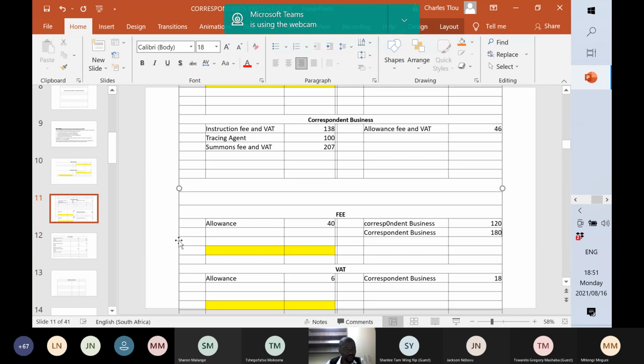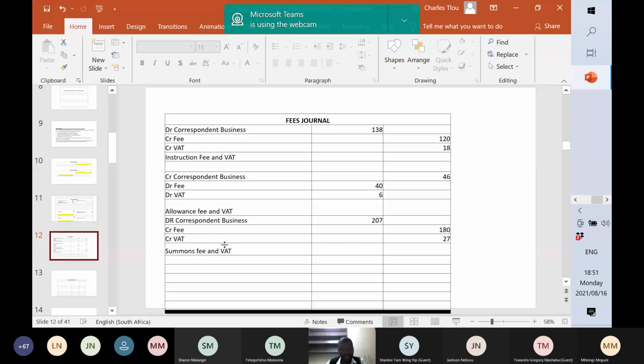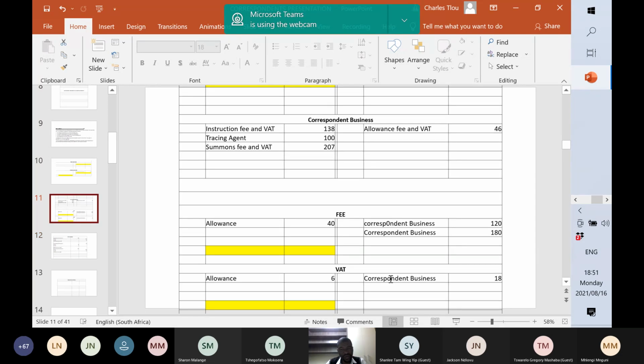Then you go back again to the journal. It says here, credit your VAT at 27 rand. And then you go to your VAT, you're going to credit here at 27 rands.